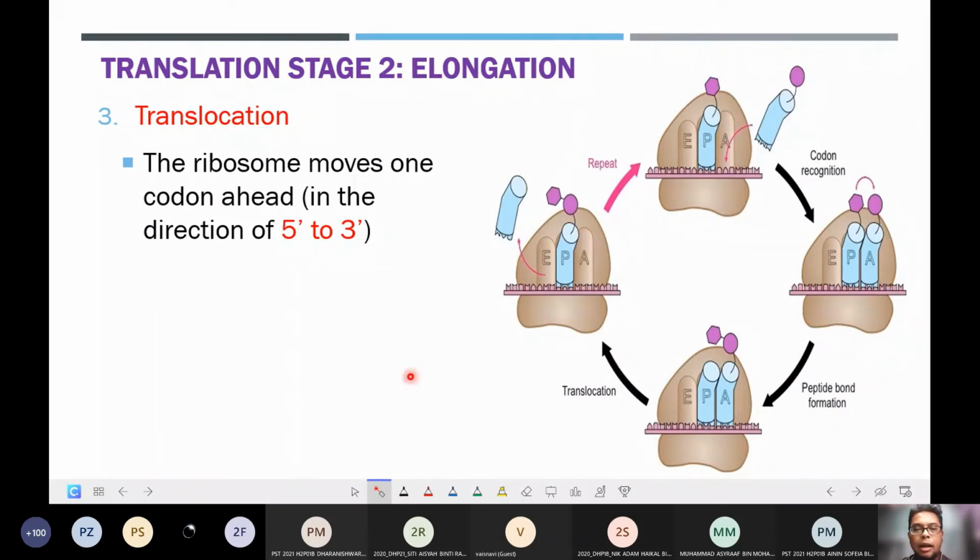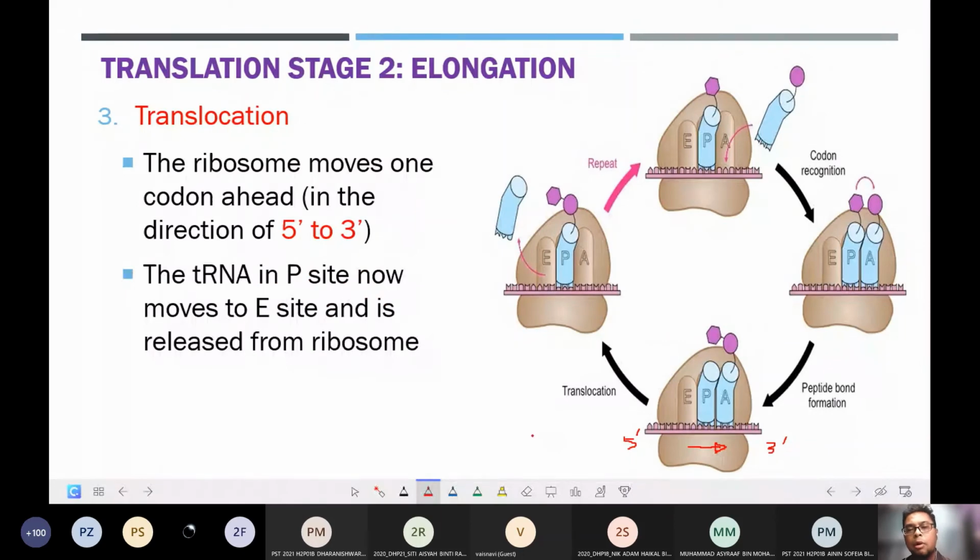So let's say this mRNA strand will have the 5' end over here and the 3' end over here. The ribosome will move from the 5' end to the 3' end direction, one codon ahead.